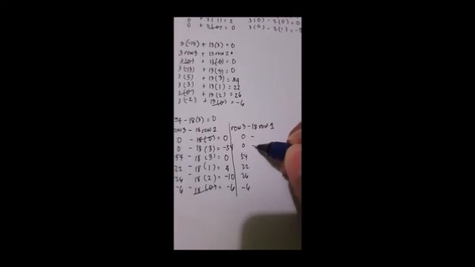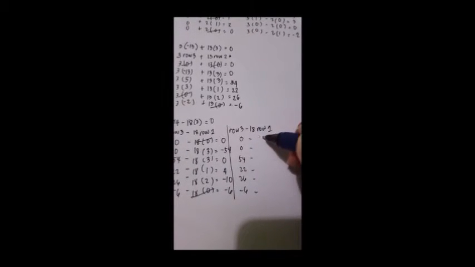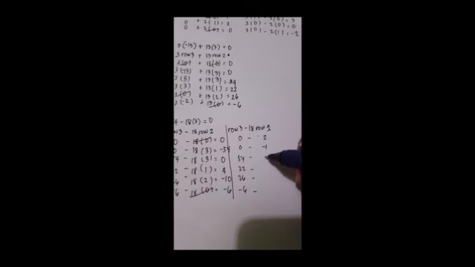How about this part? Okay, we have 0, 0, 54, 22, 26, and negative 6. Minus all members of row 1, we have 2, negative 1, 3, 1, 0, 0.